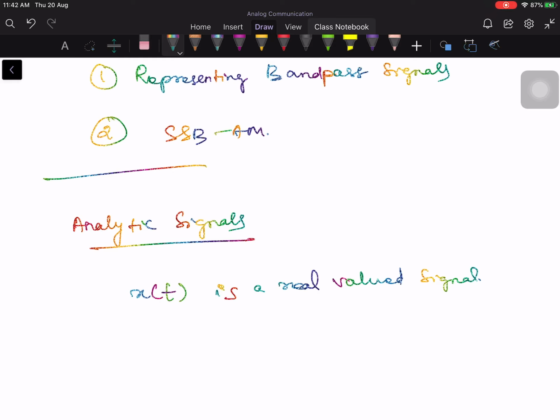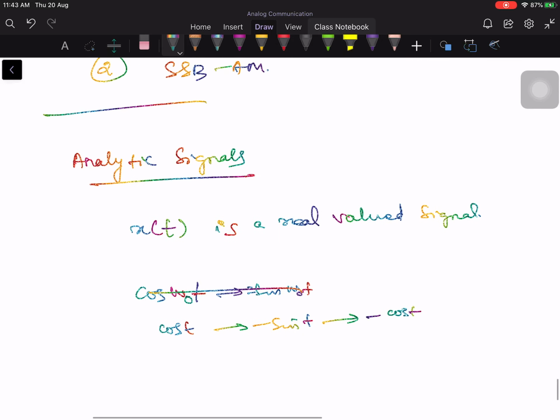I'm sure you had a course on signals and systems, that it is much more convenient for analysis to work with a complex representation of the sinusoids than the trigonometric representation of the sinusoid. Because cos t becomes minus sin t if you differentiate, then again if you differentiate, minus cos t, and it keeps on shuffling.